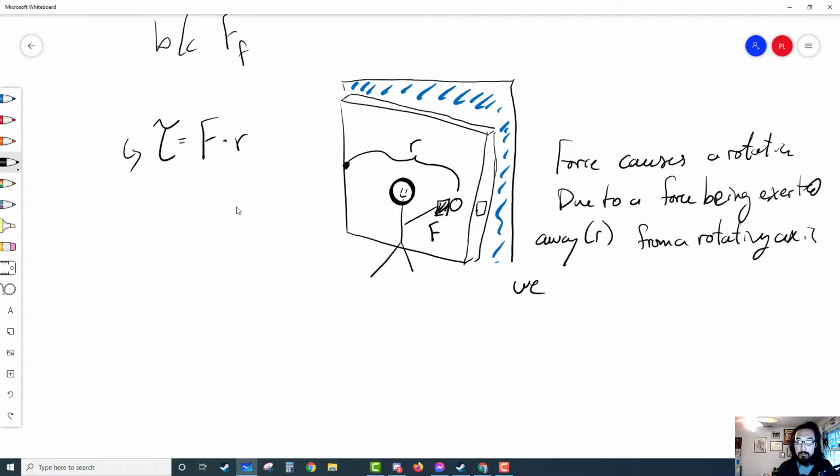We can say that a torque was exerted on the object.